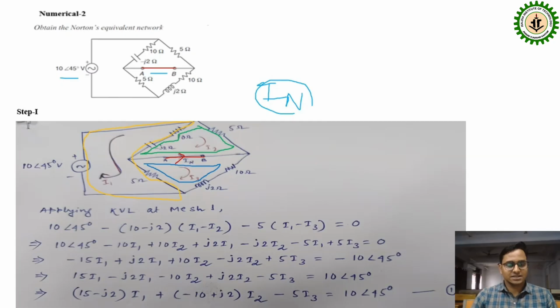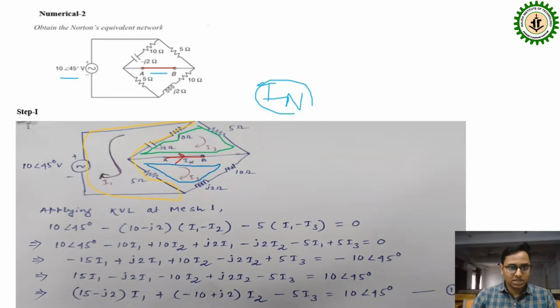Similarly, as discussed earlier, I am applying KVL in this loop, this mesh one. Here I have taken the direction of current clockwise for all loops: for mesh 2, clockwise I2, and for mesh 3, I3. So first I am applying KVL at mesh 1.